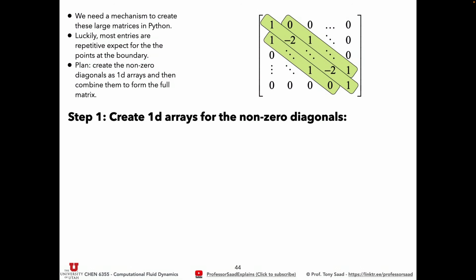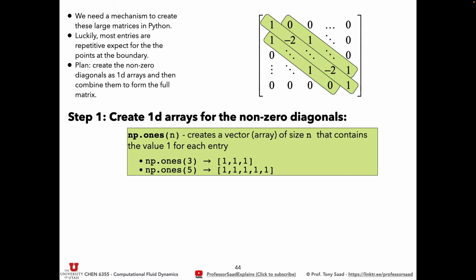So step 1 would be to create one-dimensional arrays for the non-zero diagonals in Python. If you haven't seen this before, that's okay. We're going to program it together. You'll get to see it. In the NumPy library, which is going to be fundamental to us, shown here as np, and you'll learn where that comes from, there's a function called ones.